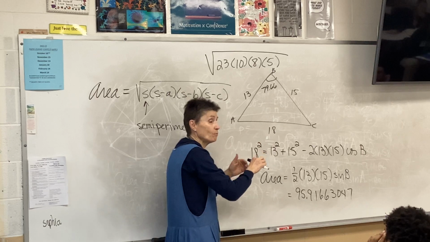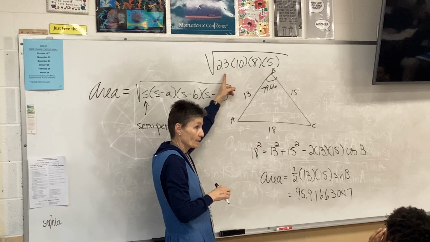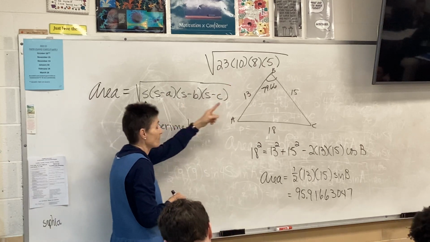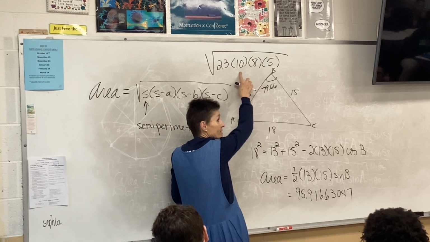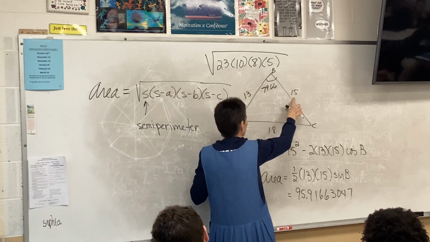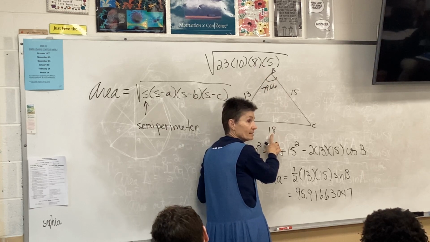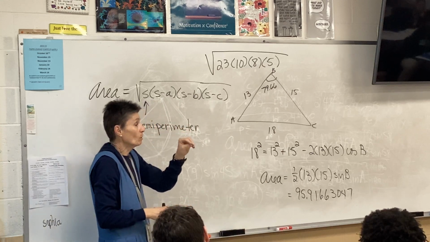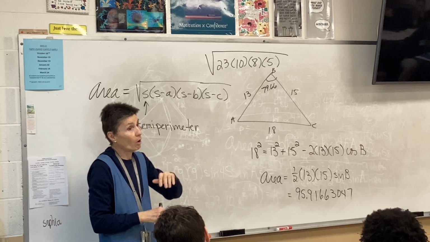So half of 46 is 23. Then take that 23 and subtract each side. So 23 minus 13 is 10, 23 minus 15, and 23 minus 18. That's Hero's formula, and it will find the area of any triangle where you know all 3 sides.